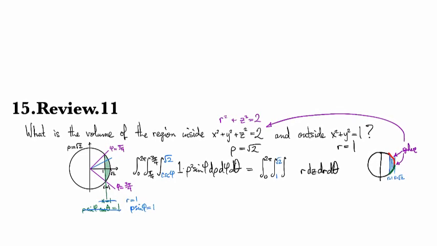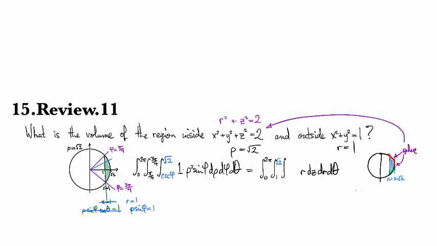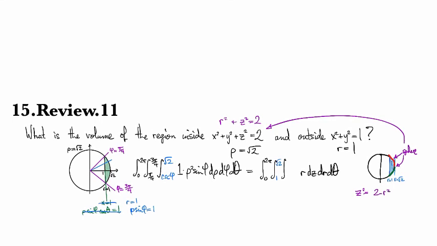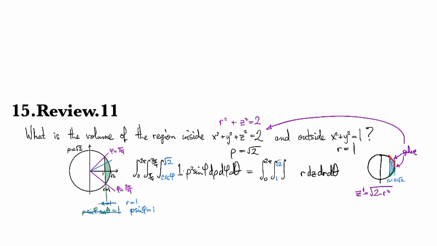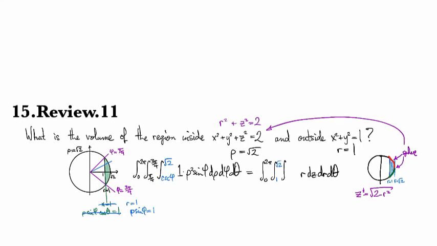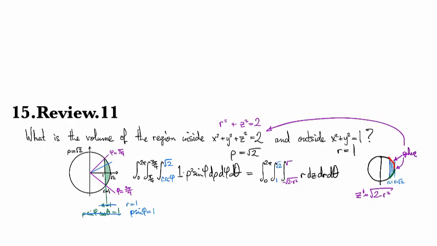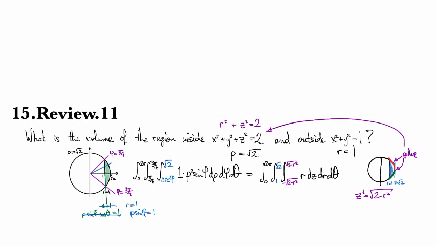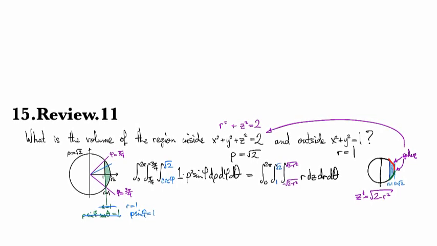So then that tells me that z squared equals 2 minus r squared, or z equals square root of 2 minus r squared. So I'm going to be going from minus root 2 minus r squared up to positive root 2 minus r squared. Okay, and that one I think I can actually integrate.